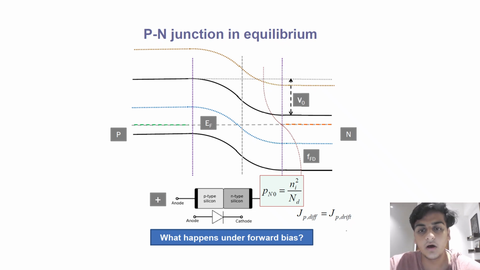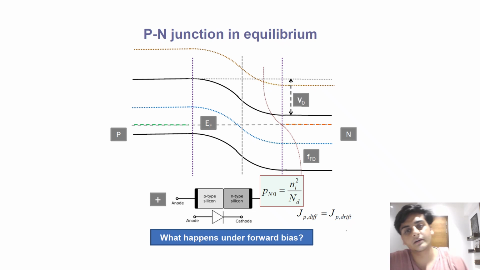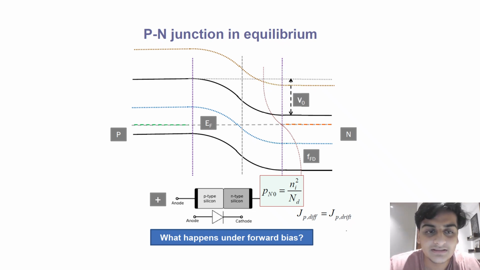Cool. So I want to now get into talking about forward bias. Before that, I want to remark a little bit about some quantity in equilibrium. What I want to remark on is that this is your P side. This is your N side. I want to talk about the concentration of the holes at the edge of the junction on the N side.